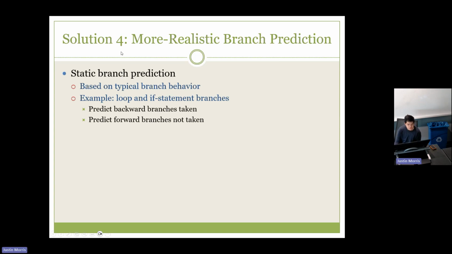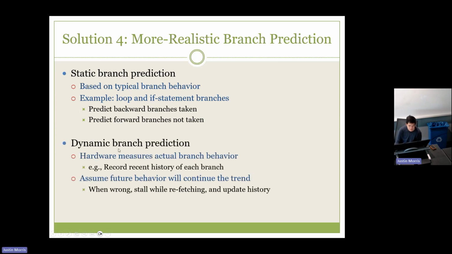So solution 4, which is the approach used in modern processors today, is branch prediction. We already talked about static branch prediction, right? We always predict that it's taken or always predict that it's not taken. But there's also dynamic branch prediction.